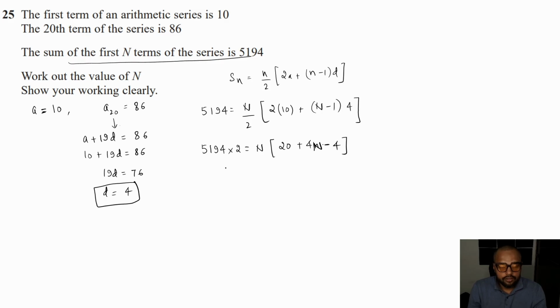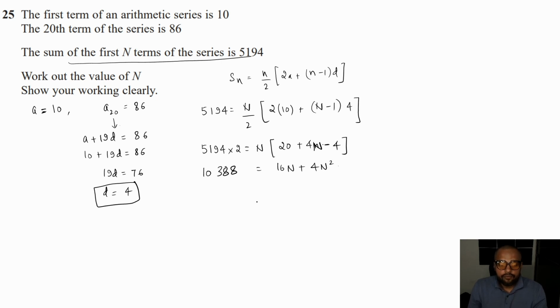So we can calculate it here. We are getting the value of 5194 cross 2, that is 10,388, and here n in the bracket will be 16, so it will be 16n plus 4n square.